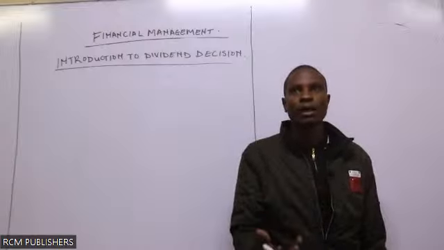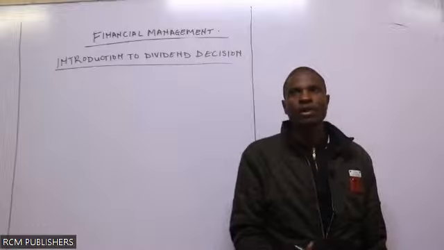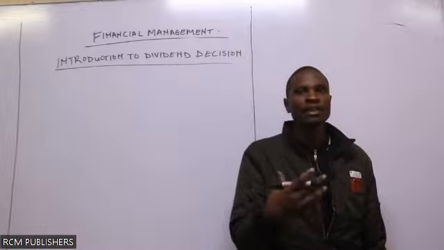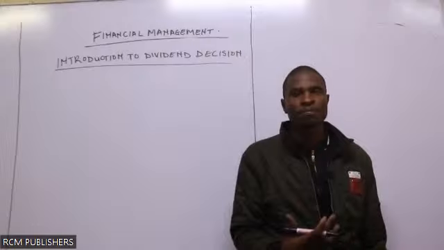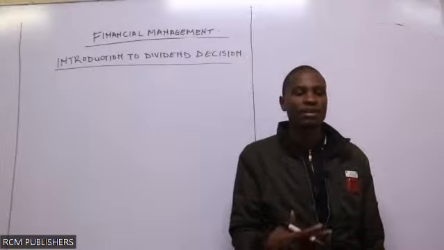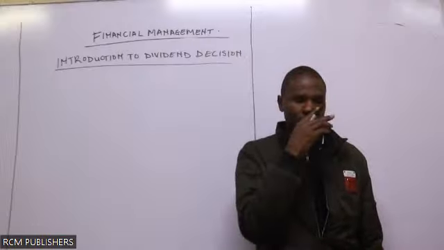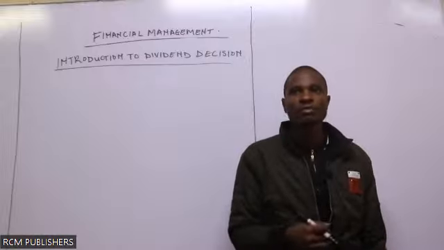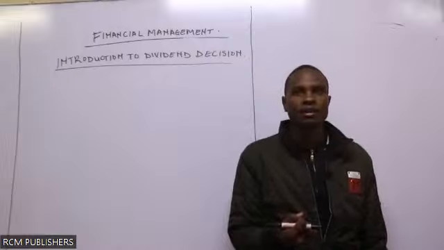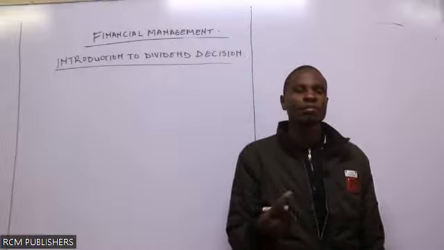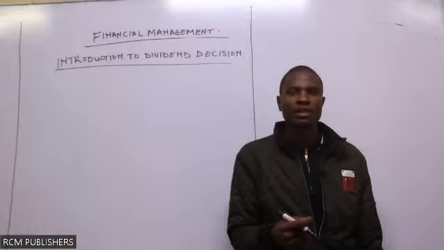So in short, you always get dividend from where you have invested, such as women groups. And dividend is always given from the retained profit.